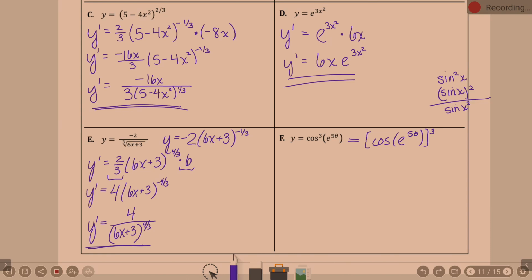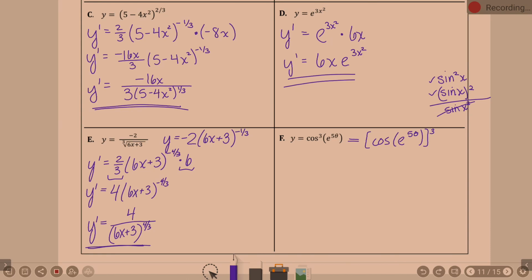These two are the same. This one is something different. So just remember that. Now, this is cosine cubed of e to the 5 theta. So that e to the 5 theta is where we normally just have an x or a theta. Our variable on the inside is e to the 5 theta.